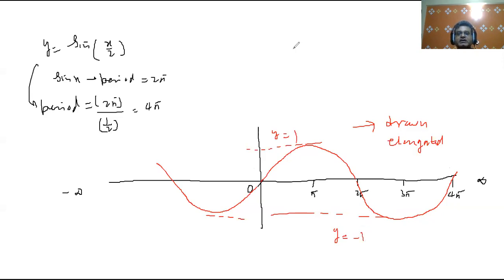So we have learned how to slide in this direction, how to slide in this direction, how to compress, how to elongate, and how to change the height; we can also decrease the height. So 6 characters we have so far discussed. Now I'm going to mix all those characters. Just going to discuss one more thing about the modulus of trigonometrical functions.